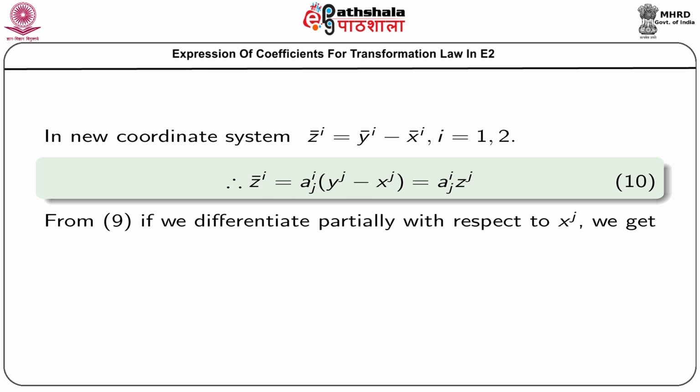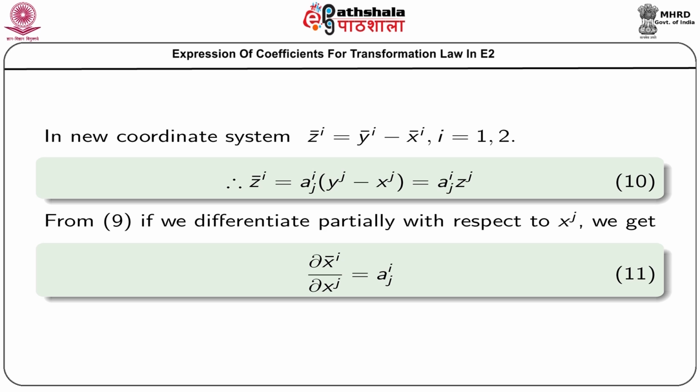From the previous expression, if we differentiate partially with respect to x^j, we get ∂x̄^i/∂x^j equals a^i_j. So, the a^i_j are nothing but the partial derivatives ∂x̄^i/∂x^j.